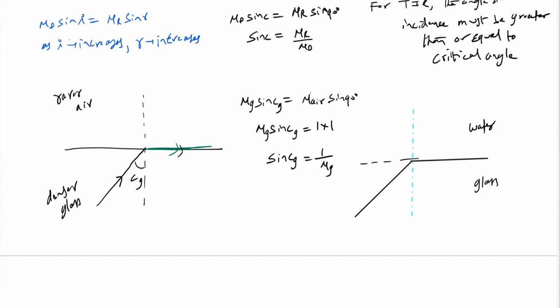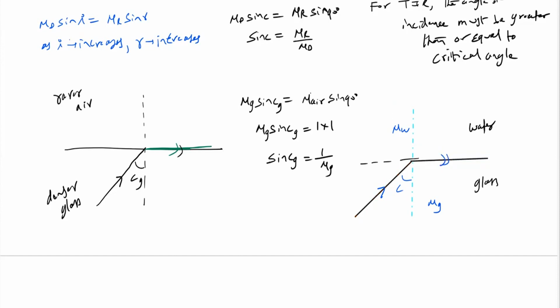The critical angle here will be C, with mu G and mu W. This is the incident ray and this is the refracted ray. The ray moving from the glass will graze the boundary and finally move like this. This angle will be 90 degrees.